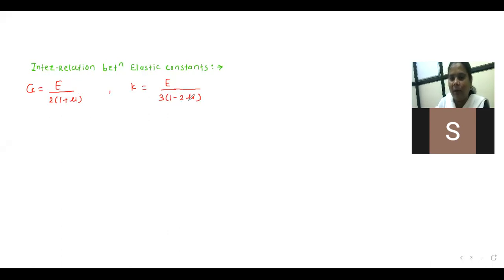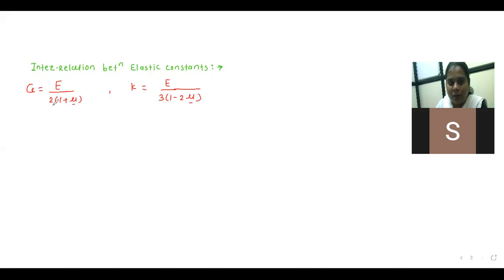Now we have to learn the interrelation between these E, G, and K. From these two equations, one term is common, that is mu. So we will rearrange the equations in terms of mu.